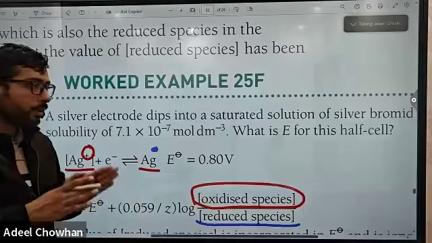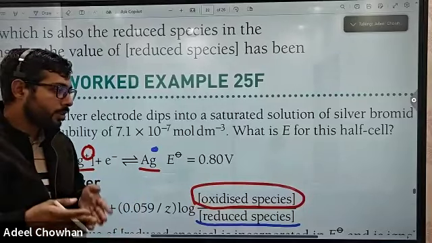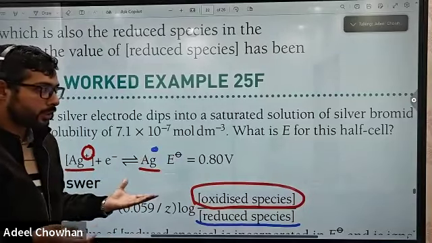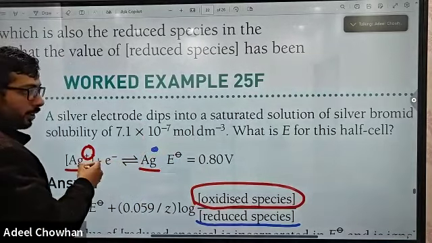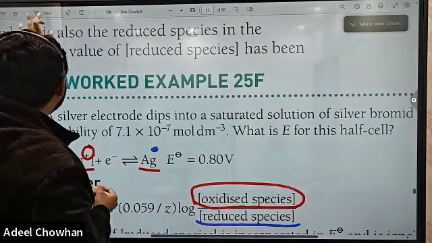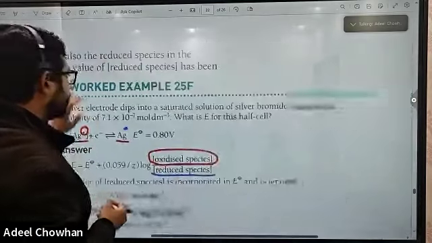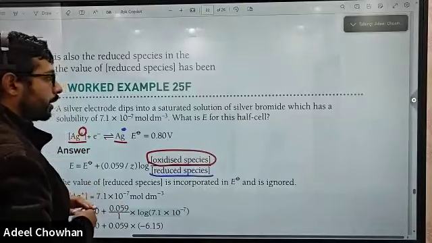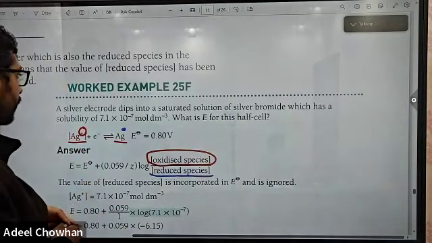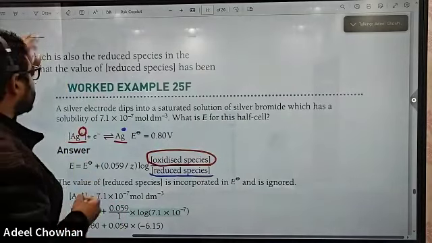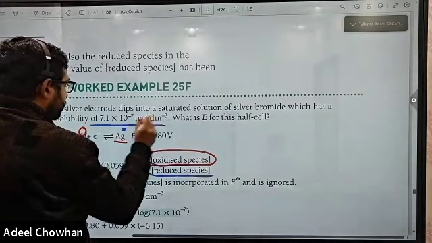So after identifying the right species from the chemical reaction, you can now use the values from the given statement. It says that the silver electrode dips into a saturated solution of silver bromide, which has a solubility of 7.1 times 10 raised to minus 7 mole per dm cube.